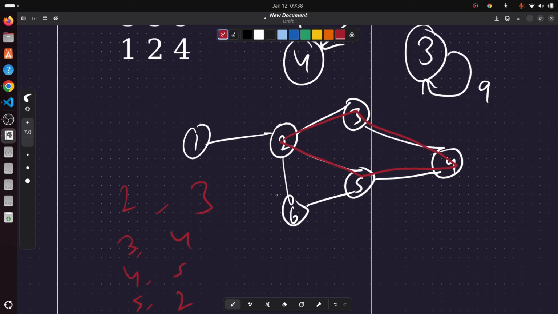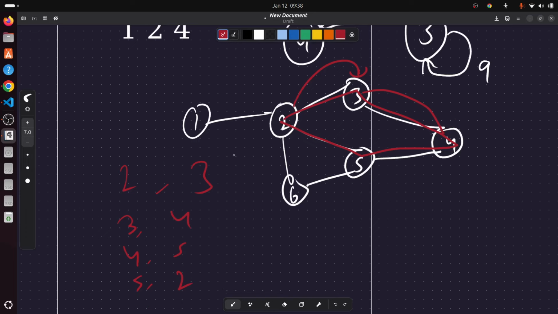So the number of times you entered a vertex, like this 3, you entered once, and you went out of it also once. Through this edge you entered the 3, and through this edge you exited the 3.